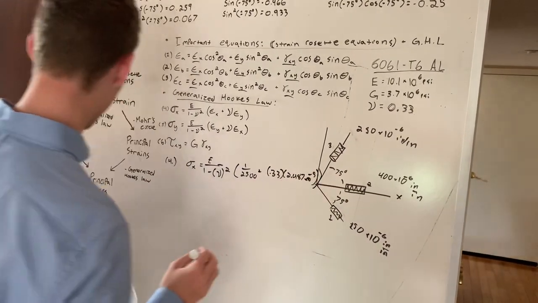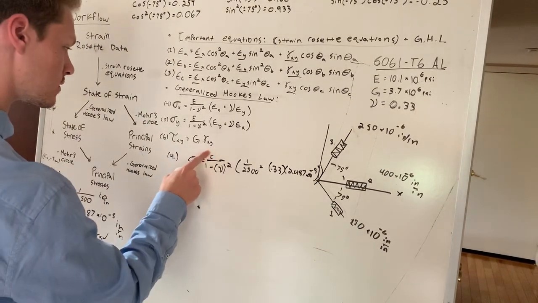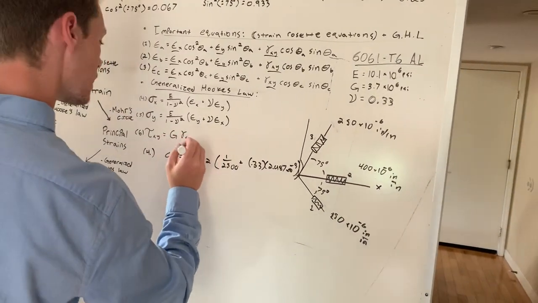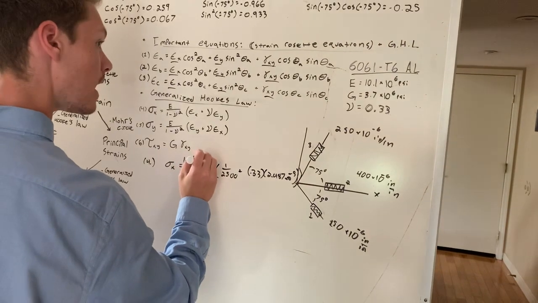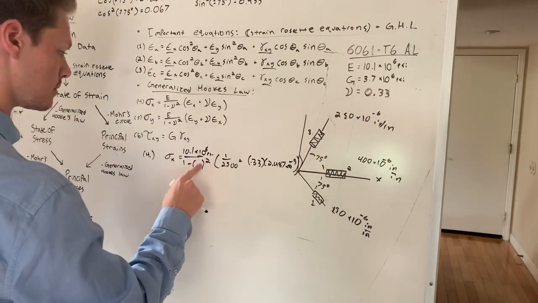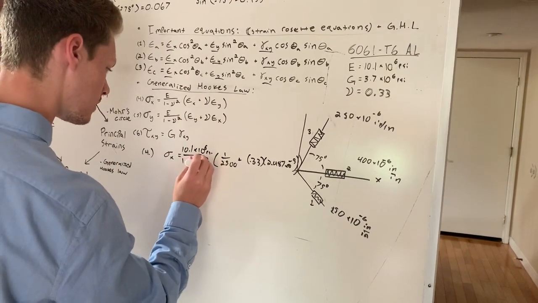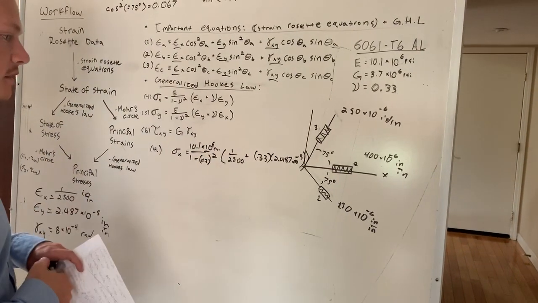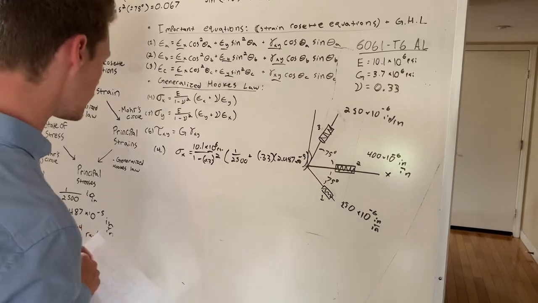All right. Let's switch this E out for 10.1 times 10 to the 6 psi, pounds per square inch, and then switch this one out to 0.33. All right. These are all numbers, so you can plug that into your calculator.